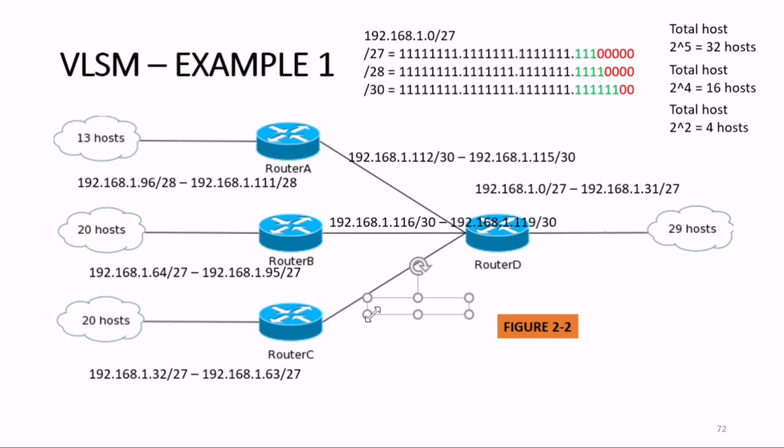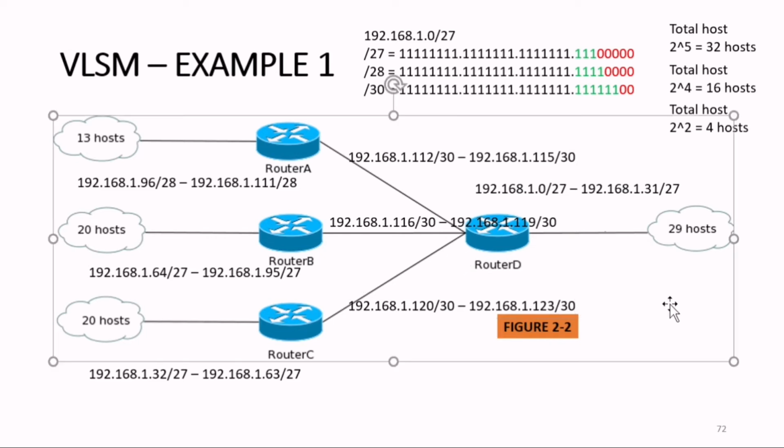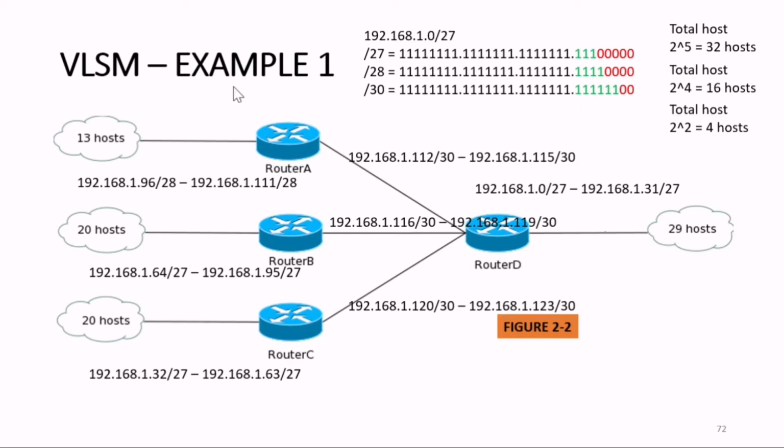And the last connection is over here, which is 192.168.1.120/30 until 192.168.1.123/30. So now we have already assigned all these connection IP addresses for all the local networks for the entire network shown in this figure.